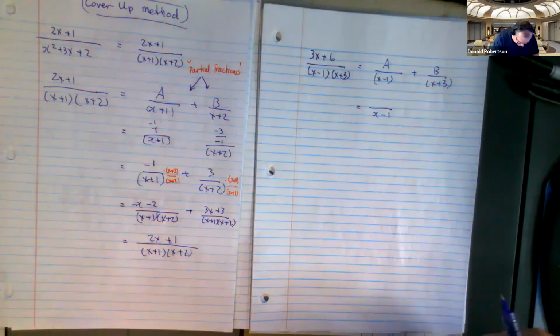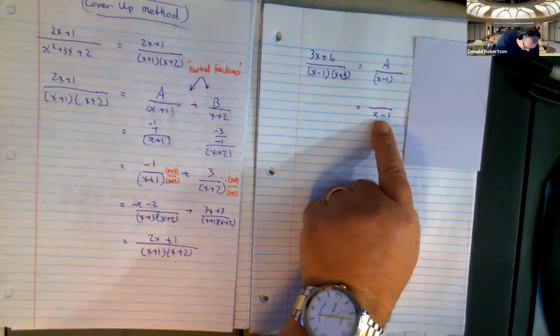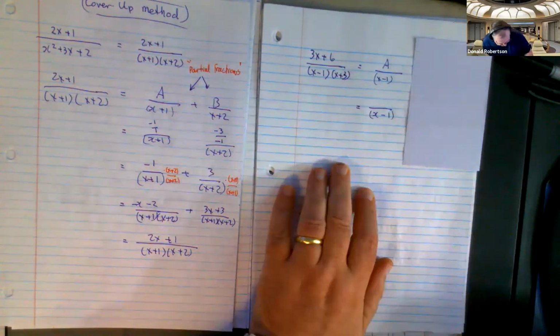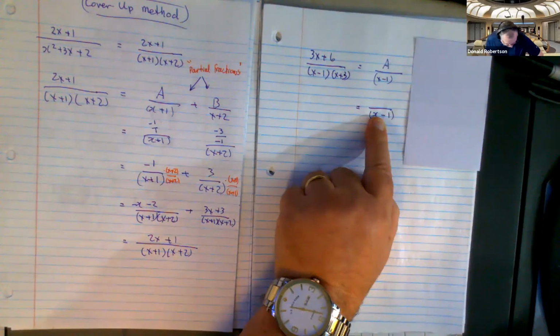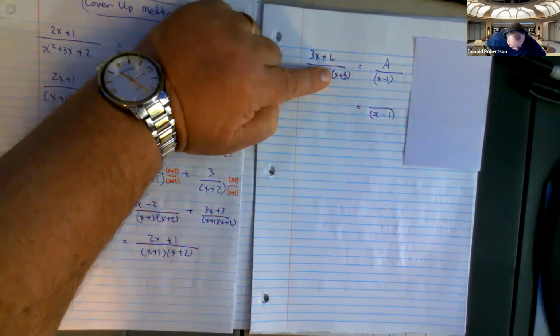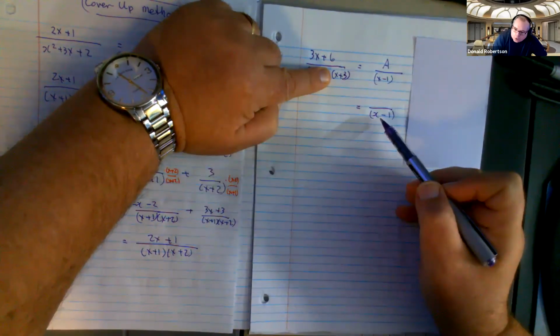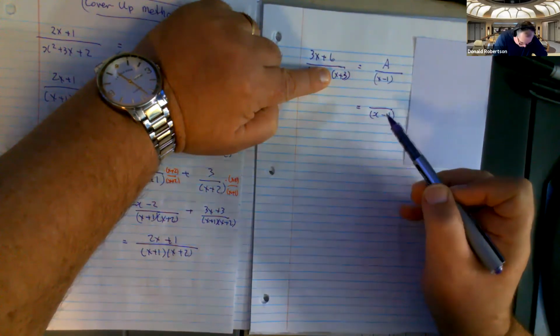Okay, let's get the first one, the x minus 1 guy. Well, cover up x minus 1. What value of x then makes that 0? 1 makes it 0, right? Plug 1 into what's left.